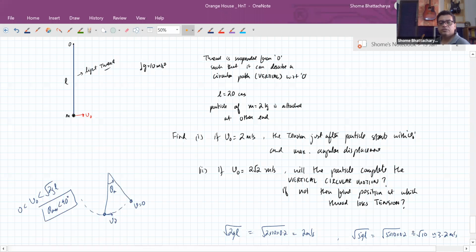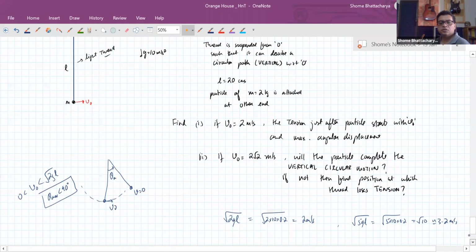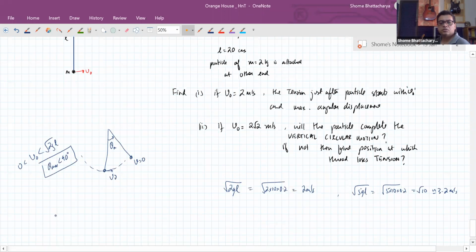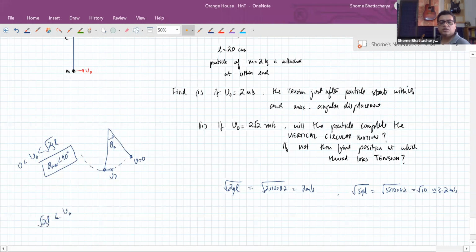You know that for V naught greater than root 2 GL but less than root 5 GL, the string becomes slack somewhere before it reaches the top, so it does not complete vertical circular motion.